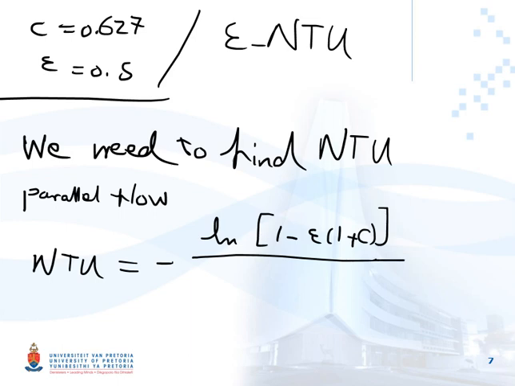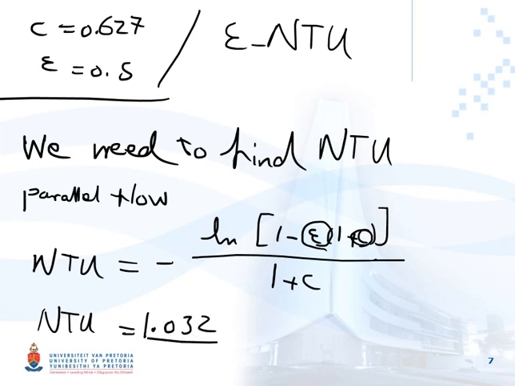This is lowercase c, which means the capacity ratio. So we have the value of epsilon 0.5, we have the value of capacity ratio 0.627. If we put these into this simple correlation, the number of thermal units will be equal to 1.032. Okay, now we have NTU.